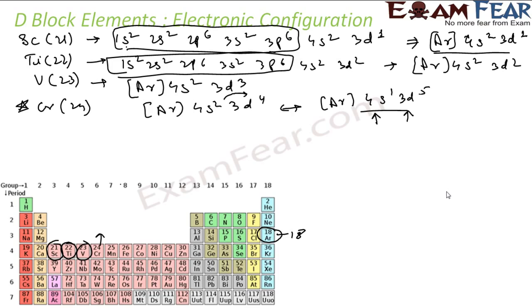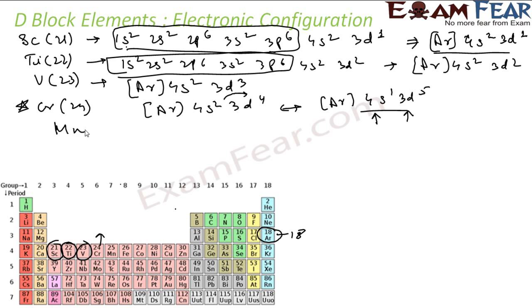If you go for the higher elements like atomic number 24, 42, these kinds of elements, the energy of the d and s orbitals depends on a lot of factors. Sometimes the d orbital has lesser energy than the s orbital, and thus it gets filled early. I'll not confuse you more with this. First understand this concept and then we'll try to understand the exceptions, why we have more exceptions.